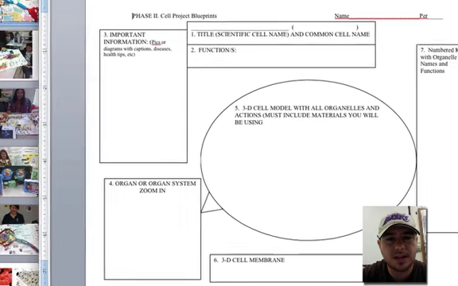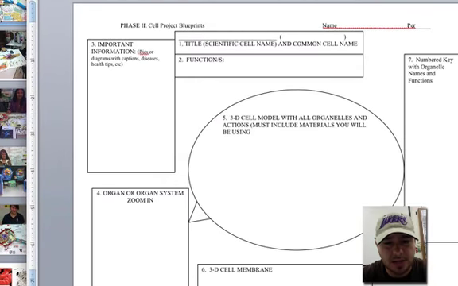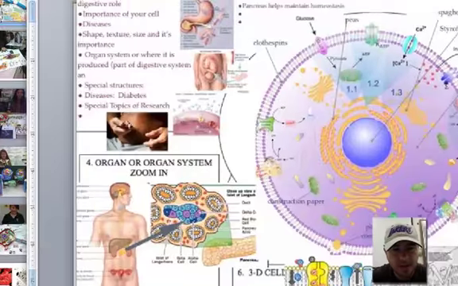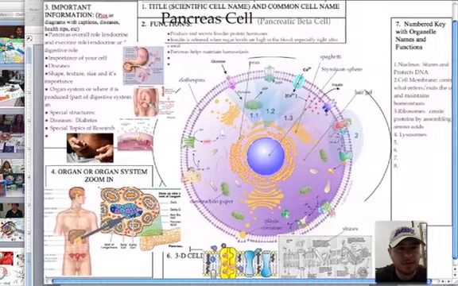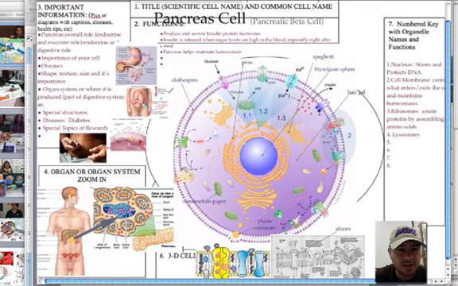So let's look at a picture so you can see what we're talking about. So here's a filled out one for the pancreas cell. Now it might be tough to see because I enlarged this picture that I did a couple years back. So this is what I would do for my pancreas cell, let's say if I had that one. So the scientific name is the pancreatic beta cell.